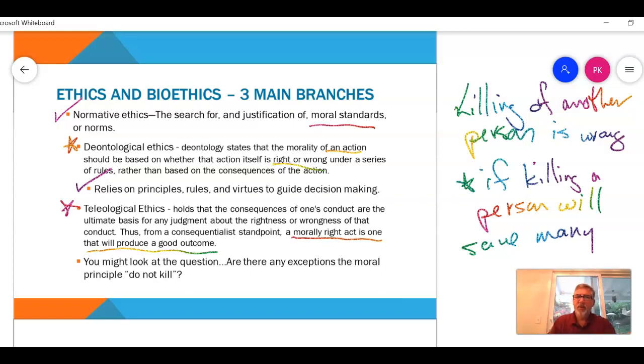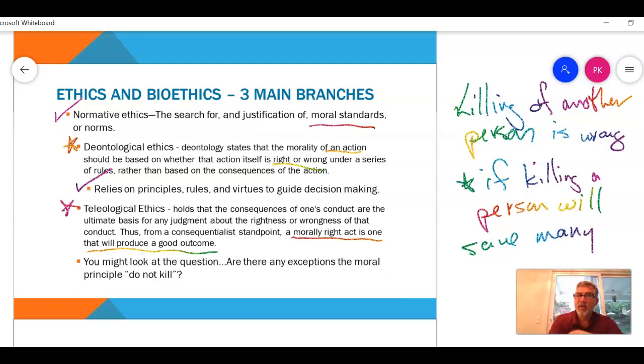Well, you could argue with teleological ethics, right? Then it could be the right thing to do. So if somebody comes into your house and they want to murder you and your family, is it okay to kill that person? Right? Because if you don't kill that person, you and your family will die.